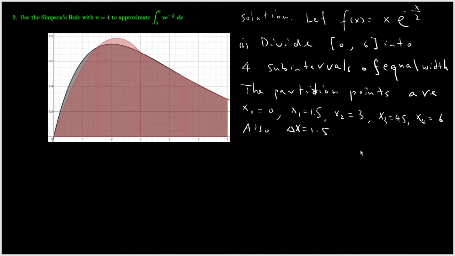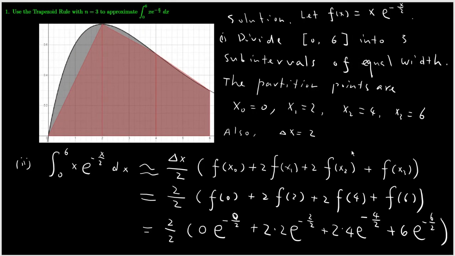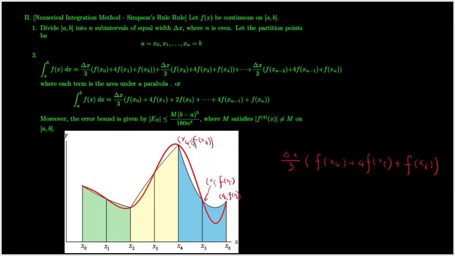Now we are ready to apply Simpson's rule. The basic formula is here. You have the width of the subinterval divided by 3, and then inside the brackets, you look at the pattern. The first term is the value of the function at the left endpoint, x0. The last term is the value of the function at the right endpoint, f of xn.